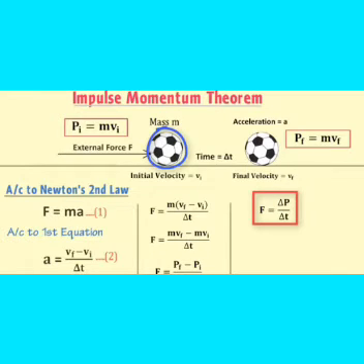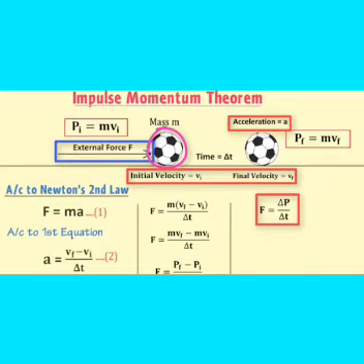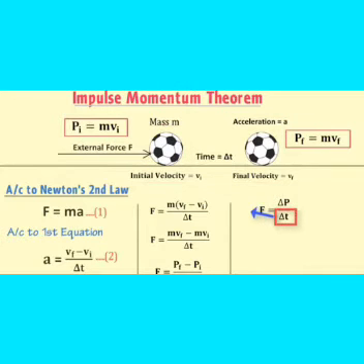Or we get another definition of force, which is: force acting on a body doesn't only change velocity or produce acceleration in a body, force also changes the momentum of the body. Now, if I shift time t to the left-hand side, it becomes F into t is equal to change in momentum.